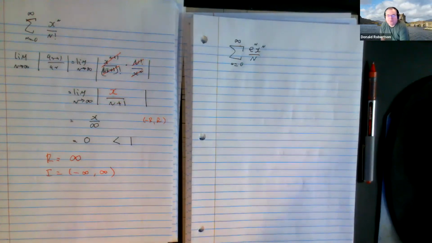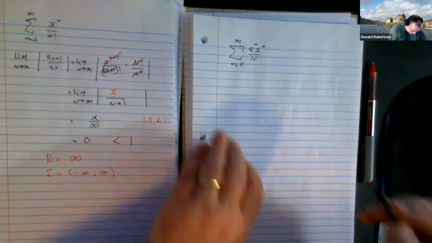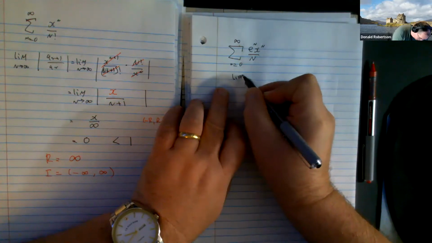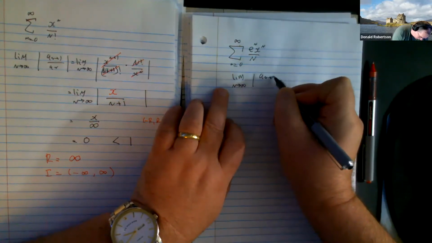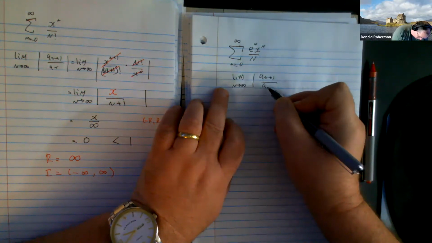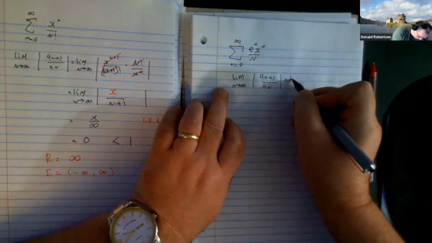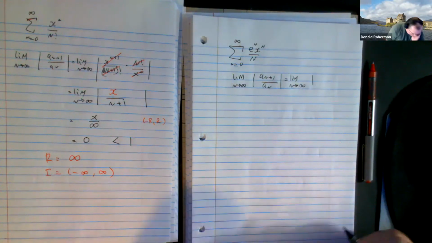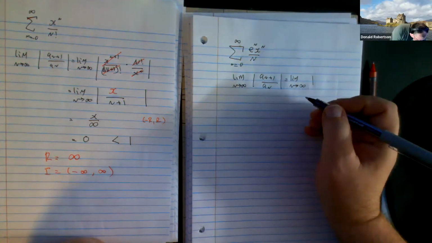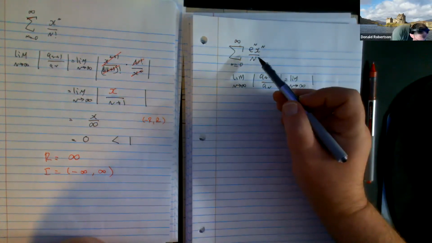Do that one. So it's going to be the limit as n tends to infinity, ratio test. No, that's not what I wanted. I'm going to have to change this a little bit.